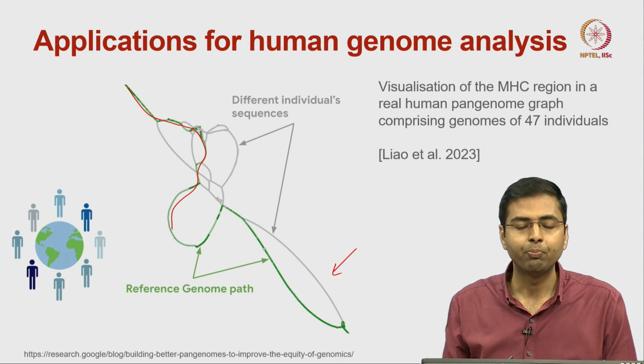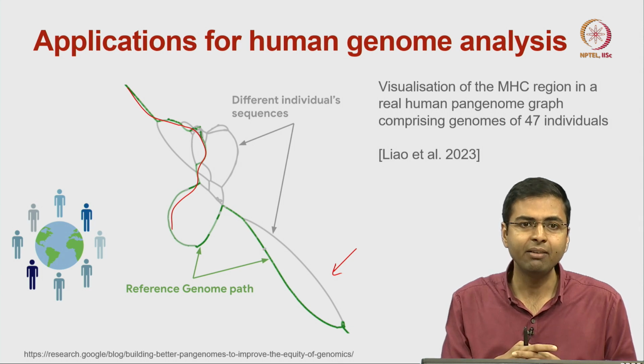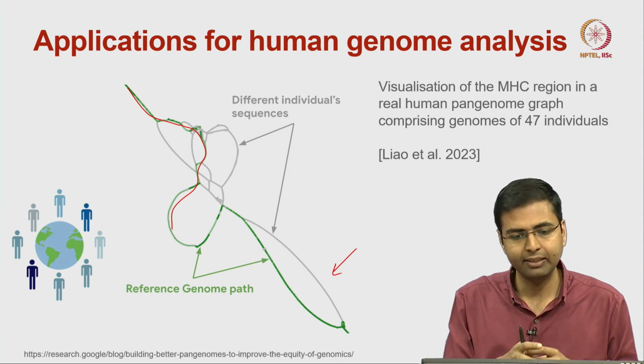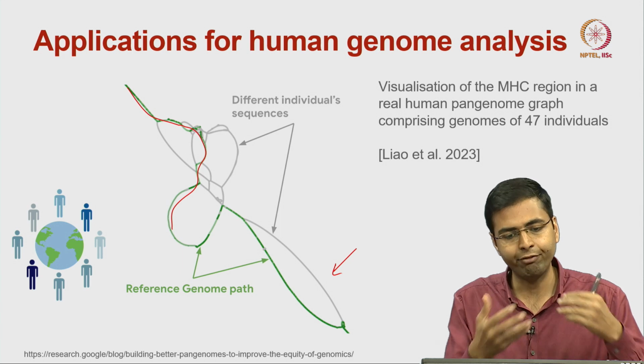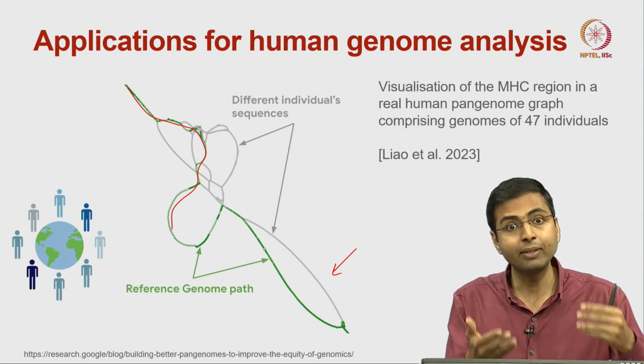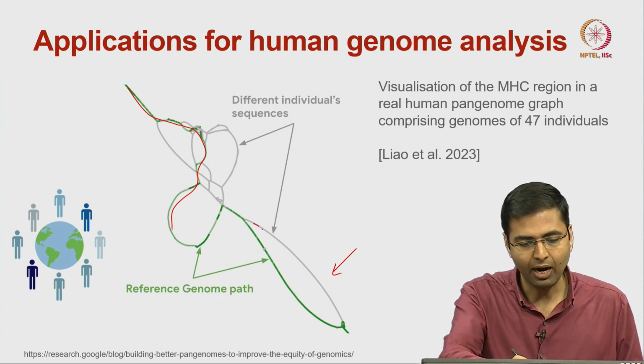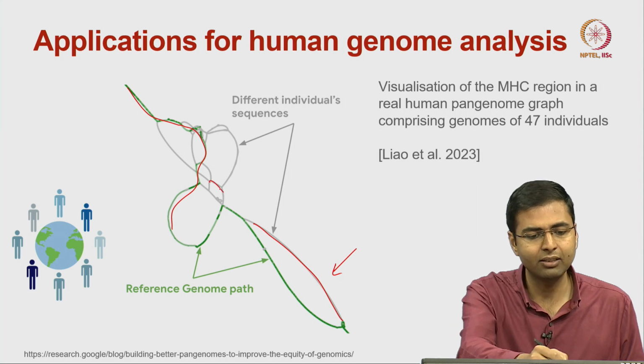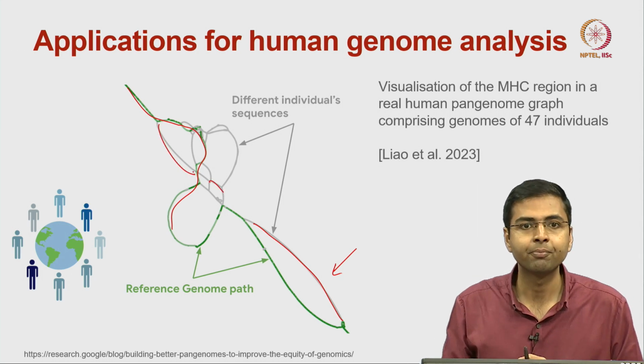So, by representing this genetic diversity, the expectation is that this pangenome graph would serve as a better reference, because when we are resequencing a genome, we would have different sequences available to us where pattern matching can be done.